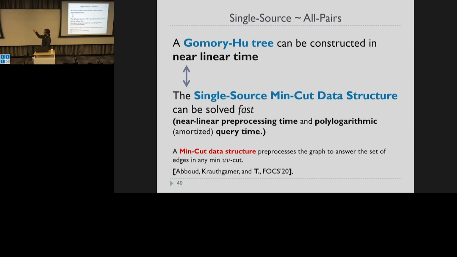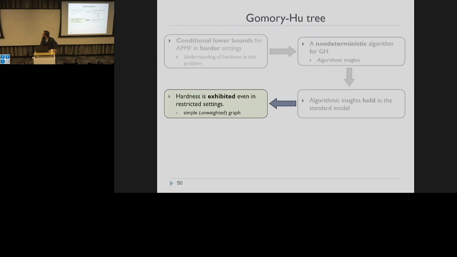If there's a data structure for just the single source max flows, and you can construct such a data structure fast, then you immediately get a Gomory-Hu tree. It's an if and only if relationship. A little bit fast is like near linear? Yeah, I mean, if it wasn't near linear, then you would also get something else for that. But yeah, this part was about near linearity or not. Okay.